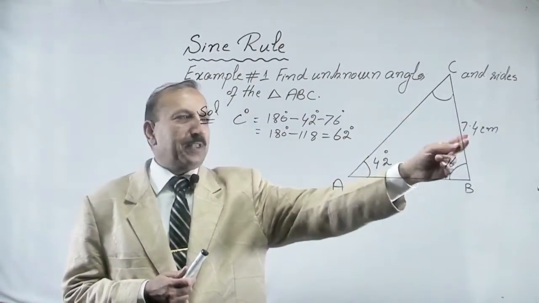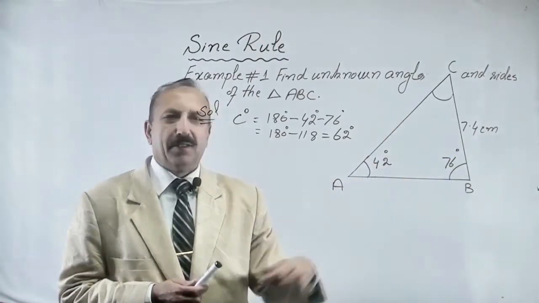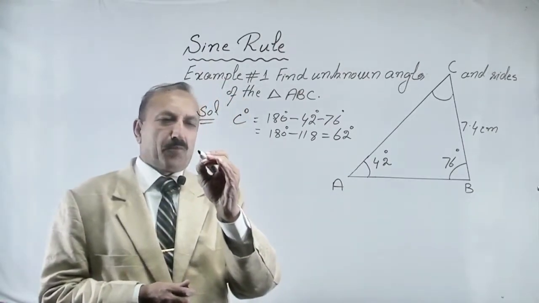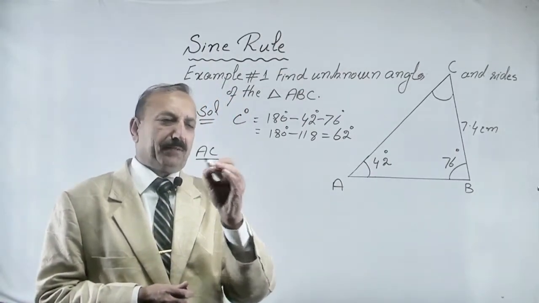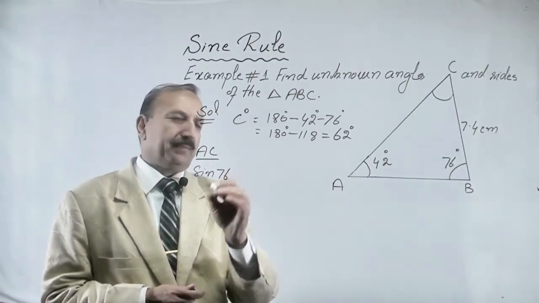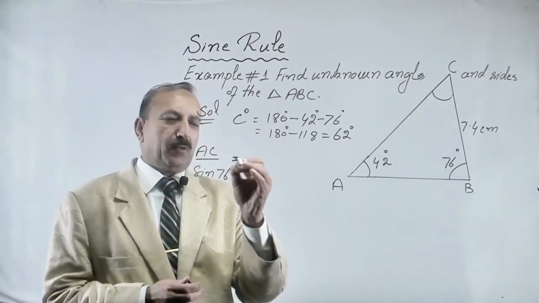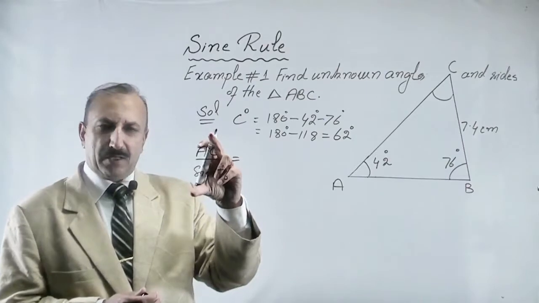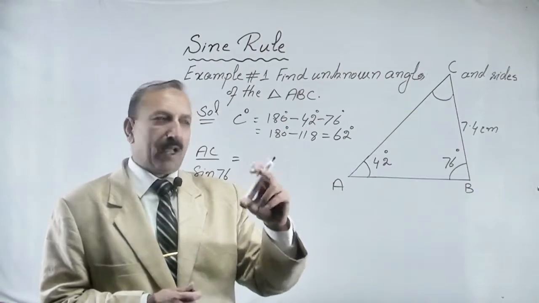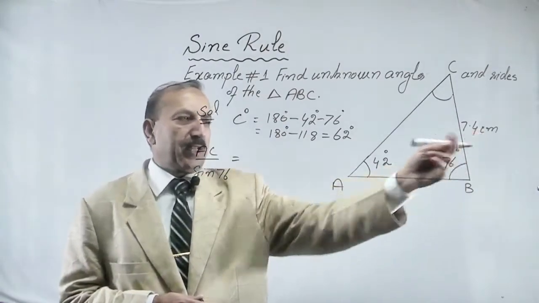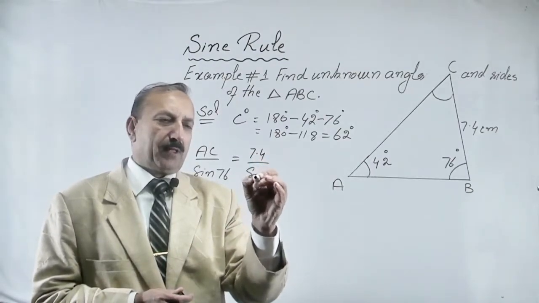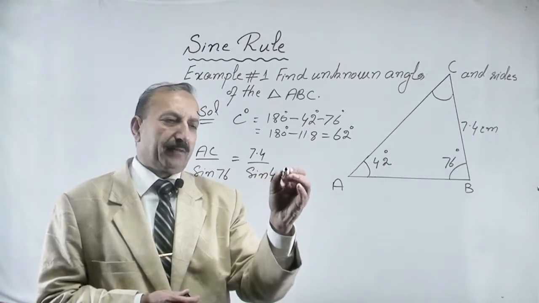Now with the help of this given side, we will find the rest of the sides. First of all, look at AC. AC side divided by sine of 76, and this is equal to, now we will write the fraction whose both values are given, one side and its respective angle, and that is 7.4 divided by sine of 42 degree angle.